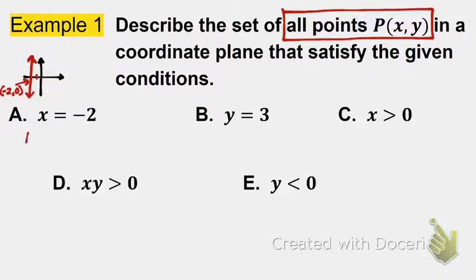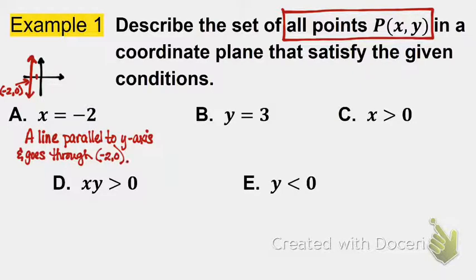So this is a line parallel to the y-axis that goes through the point (-2, 0). That describes every single ordered pair, every single point that is defined by x equals (-2).